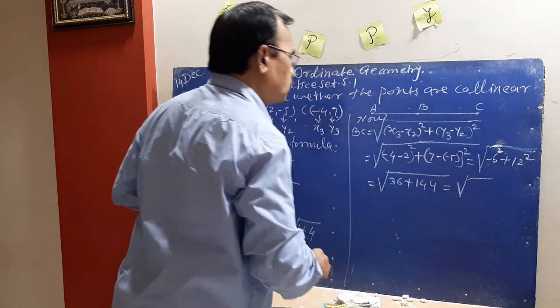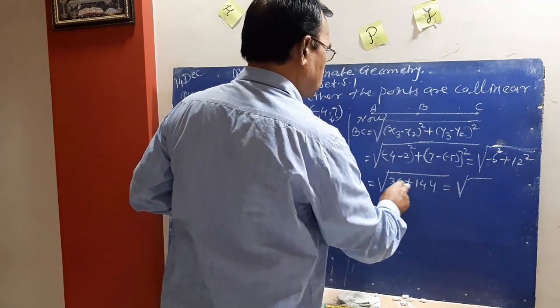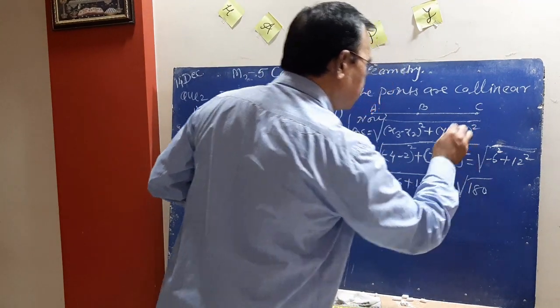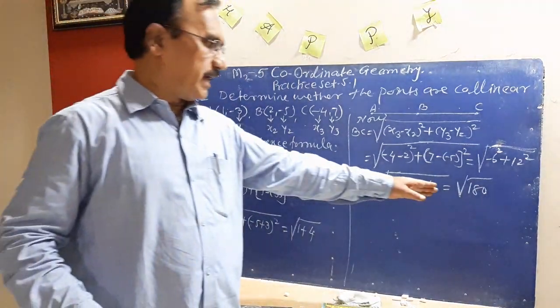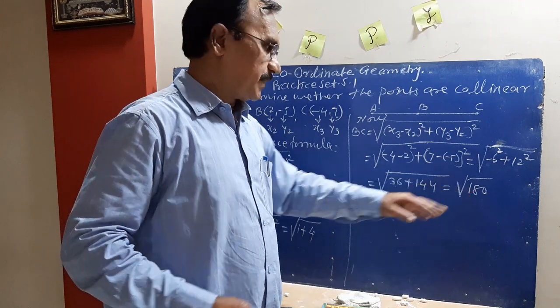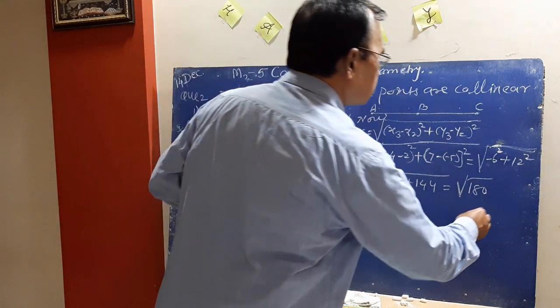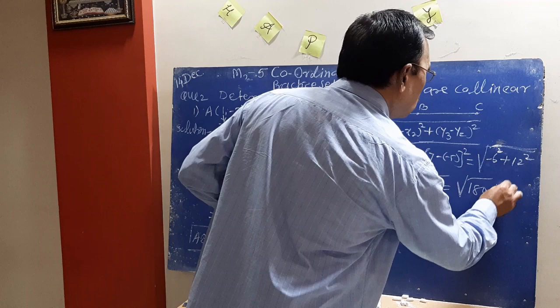So this is equal to under root 180. You know, if we factorize 180, there is one perfect square number. Which one?